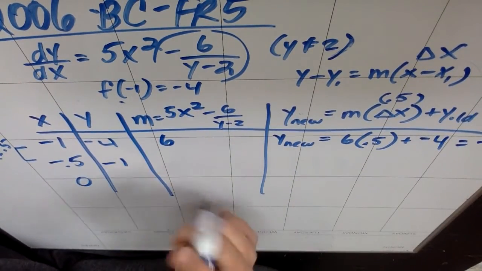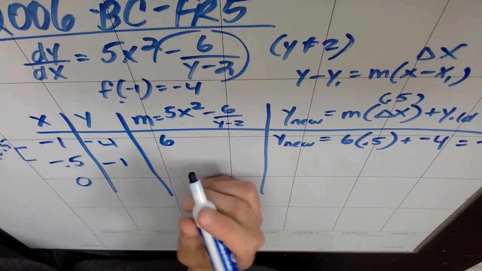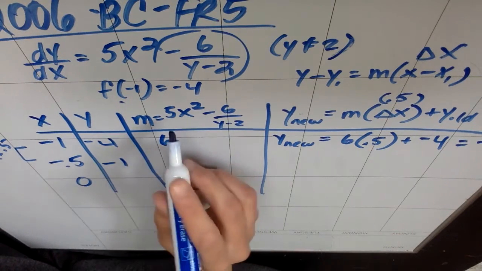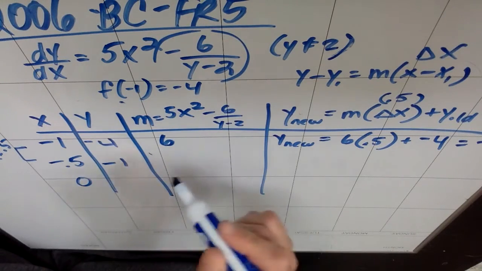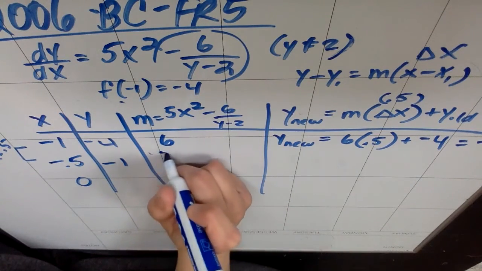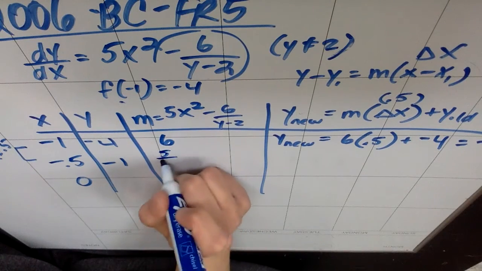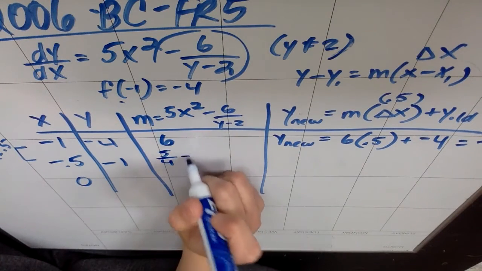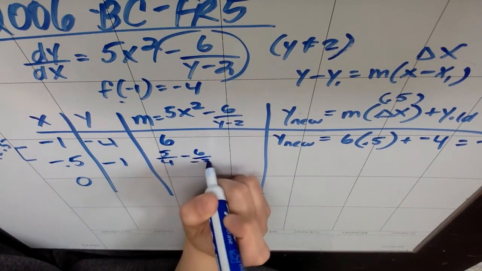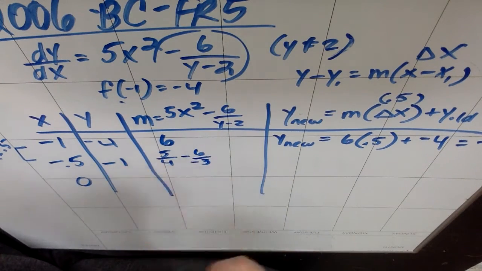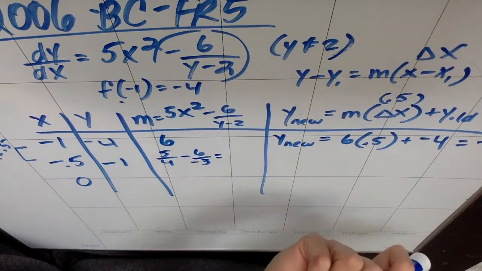And then I do the same process all over again. Now this is the part that gets a little bit icky and nobody likes it. So when I plug into this guy, and you might decide that you need some space to get this ugly monstrosity, this is going to end up being 5 times a half squared, which is a 4th, right? So that's going to be 5/4 minus, this is going to be a 6 over a -3. So I end up getting this as 5/4 plus 2, right?